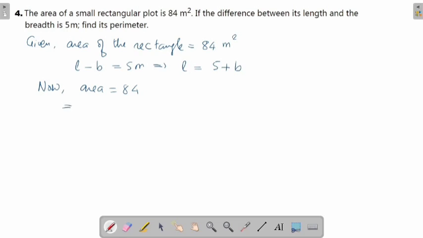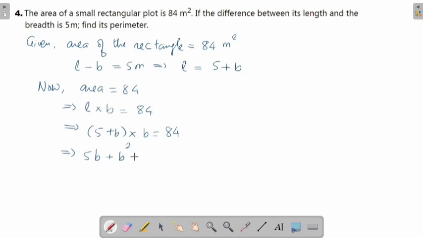Now in place of area, can I write L into B? Yes. So we have 84. Okay, so we have L is how much? L is 5 plus B into B, right? So this is 84. Now open the bracket. So 5 into B is 5B plus B into B is B square.